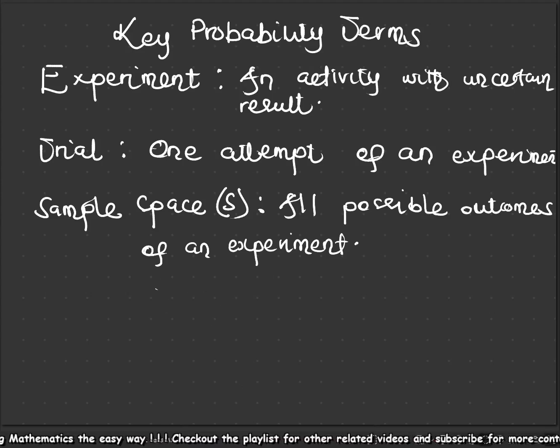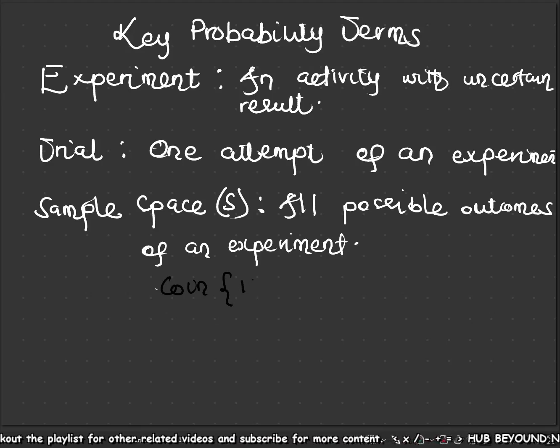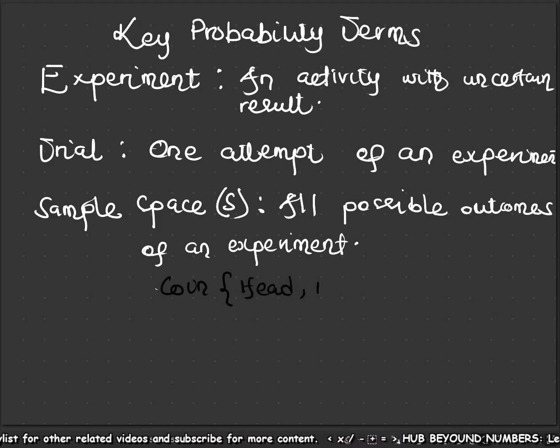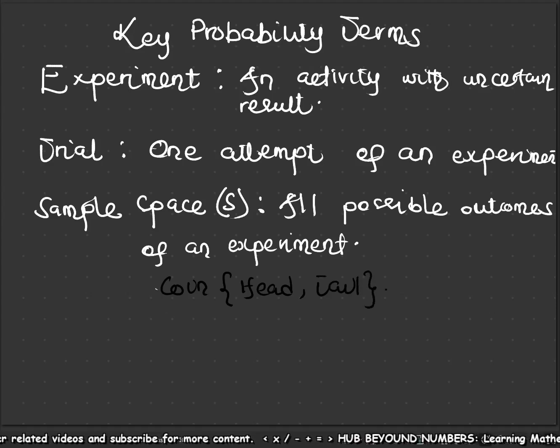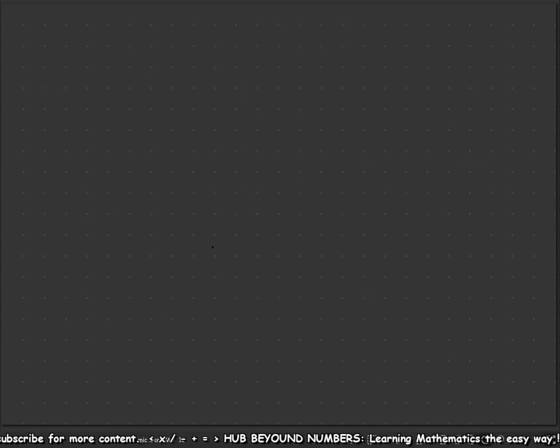What are the possible outcomes you will get? You can only get either a head or a tail. So that is what we are going to call our sample space. We'll look at more of it later. We'll be looking at more of these as we proceed, so we will end this one here, and as we proceed, more things will come up that we'll need to know.